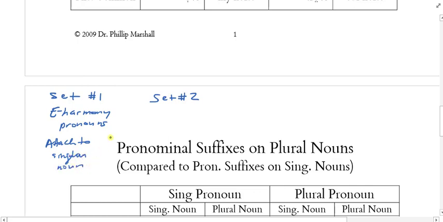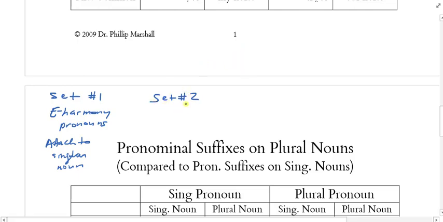Okay? And if you're an eHarmony account holder, you're trying to find a single person to attach to as well, right? So if I have a singular noun and I want to attach a pronoun to it, I use the eHarmony pronouns. This is the set one pronouns.